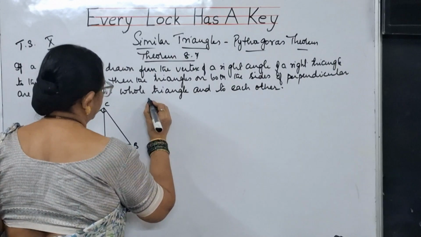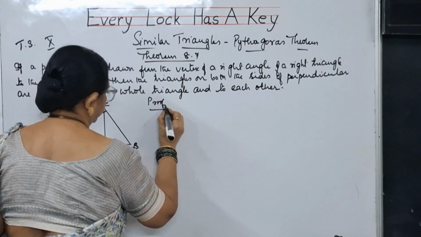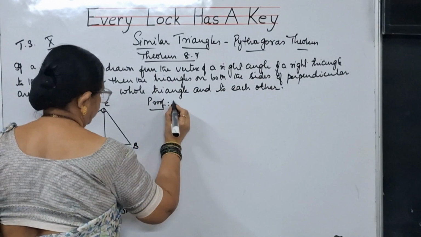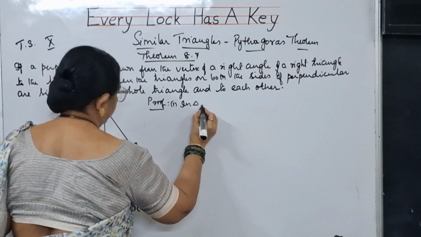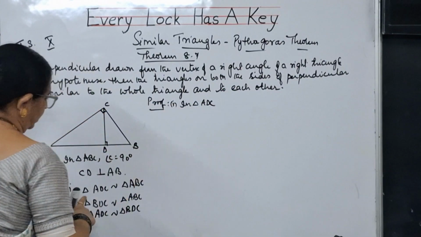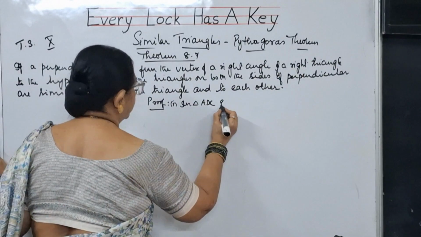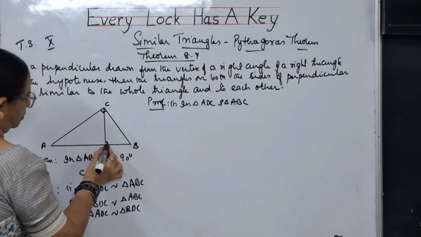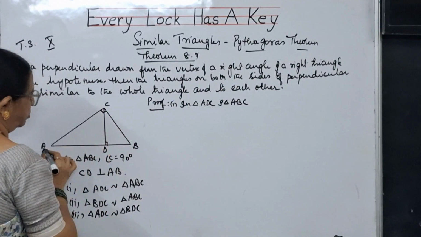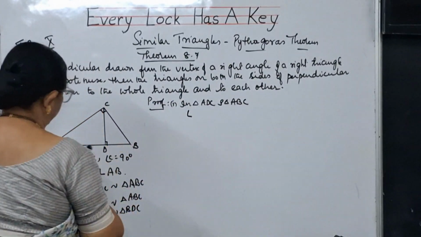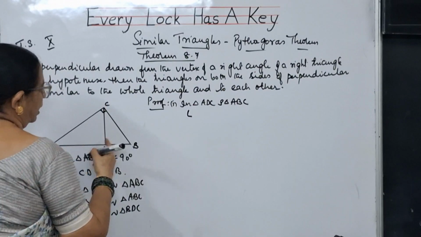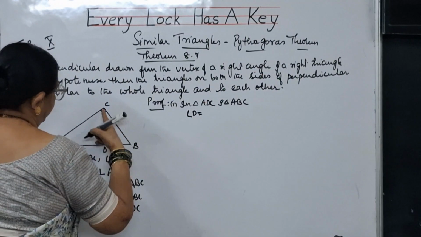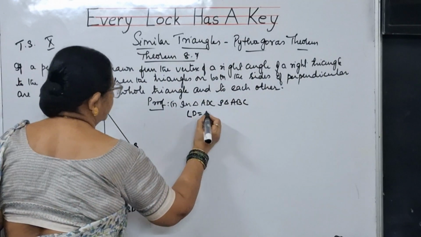Now let us see the proof. Now let us take the first one. In triangle ADC and triangle ABC, in triangle ADC, angle D is equal to 90 degrees. In triangle ABC, angle C is 90 degrees.